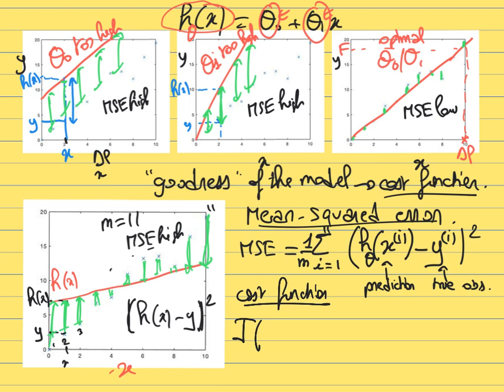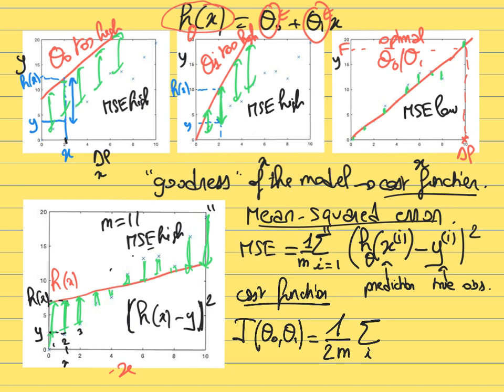So the cost function depends on the values of theta naught and theta 1. So we're going to write it j of theta naught, theta 1. It tells you how good those parameters theta naught and theta 1 are. And we are going to write this cost function as almost the same as the MSE, but just divided by 2. So we're going to write it as 1 over 2m times the sum of the squared error.